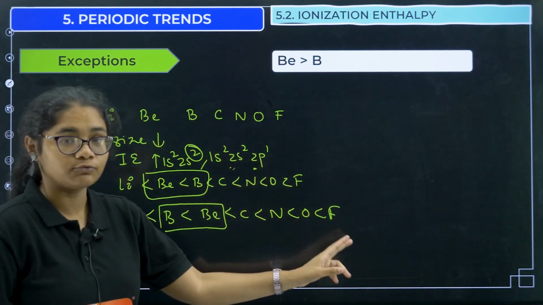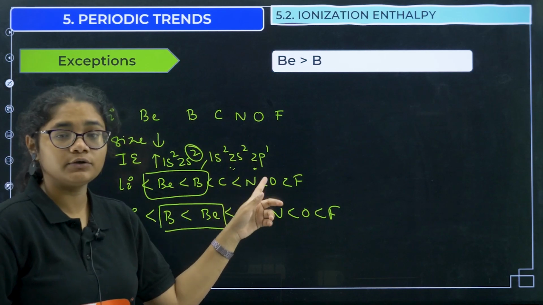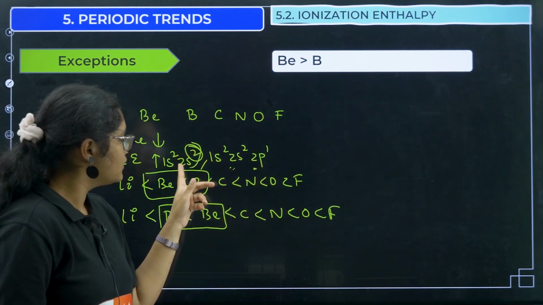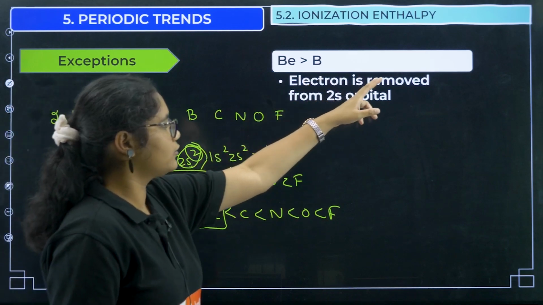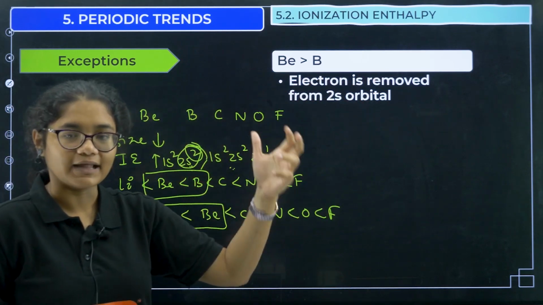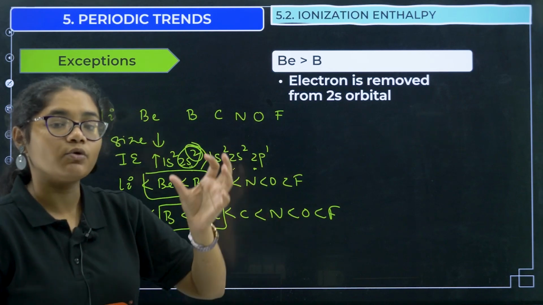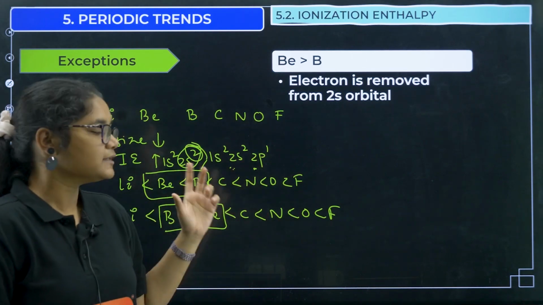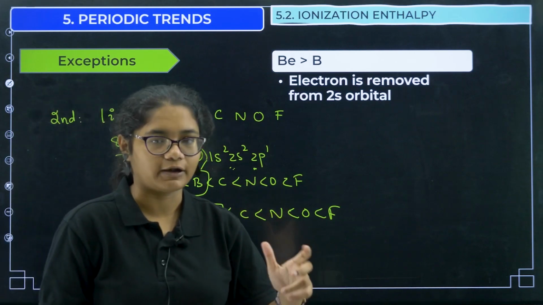Just now we discussed the fourth point, type of electron. So this electron is in 2s, this electron is in 2p. So it is more difficult to remove this electron. That is why beryllium is having more ionization energy than boron. The size factor here is dominated by the type of electron factor.